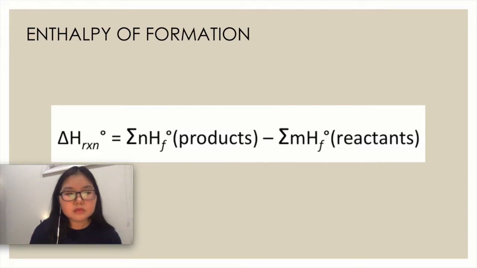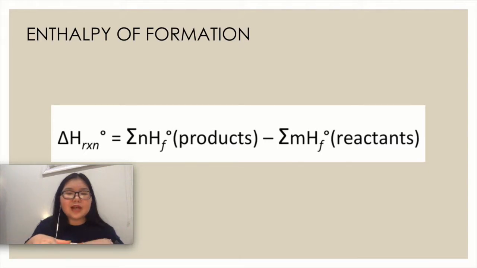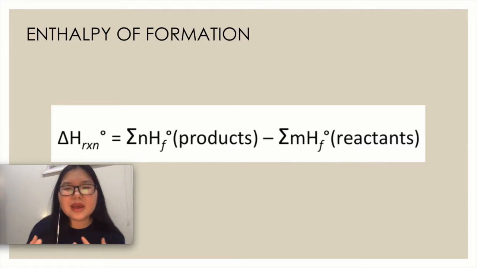So the enthalpy of formation in here is, let me see, how can I explain it so you can easily catch up with this. It's like the amount of change, the capacity, the change of the enthalpy of the reactants and the products.